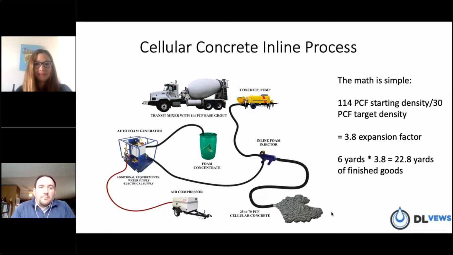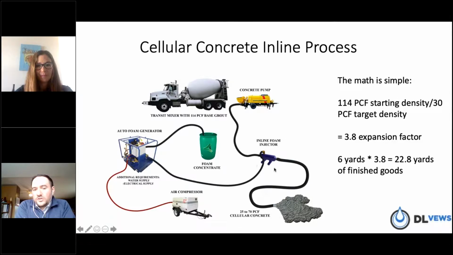So now, for folks who haven't seen this, I call this a newer method, even though it's been around a little while. It's fairly new compared to foaming in the back of the ready-mix truck. The concept here is that instead of foaming the back of the ready-mix truck, you can foam in line of the concrete hose itself. If you could highlight that inline foam injector just south of where you are, Cassie.